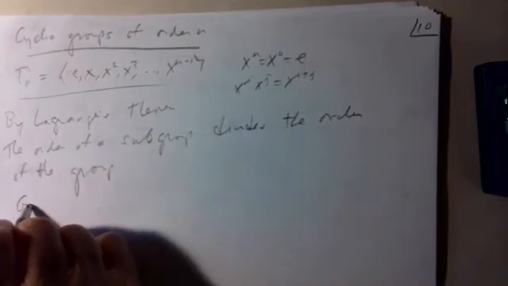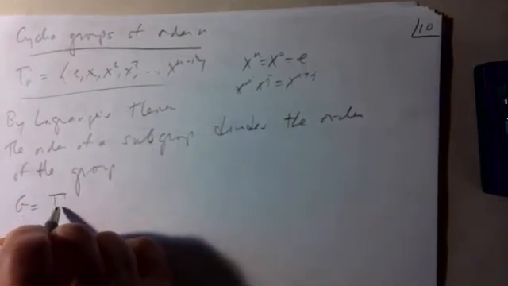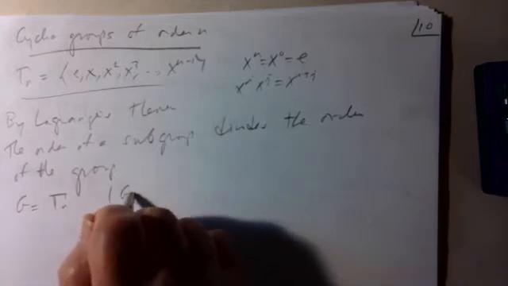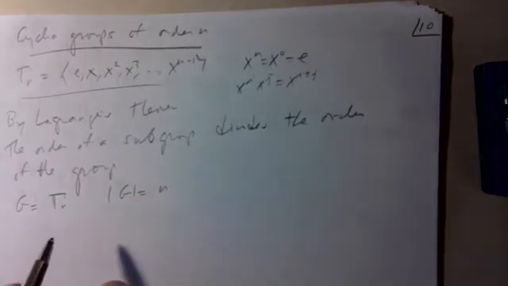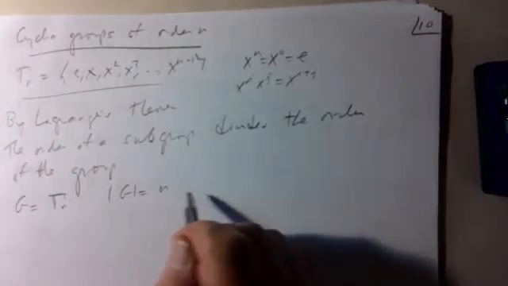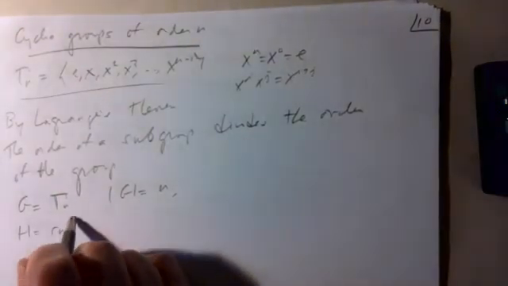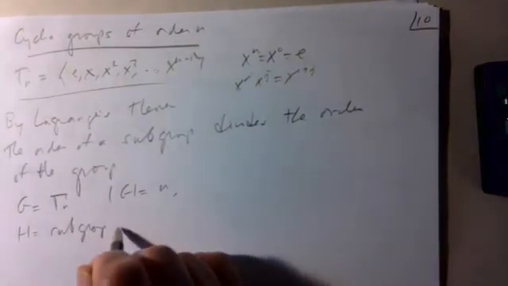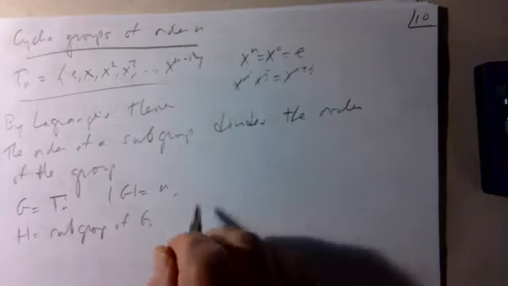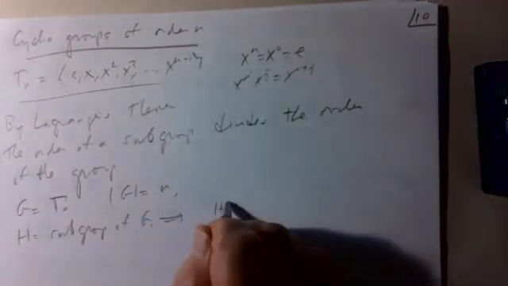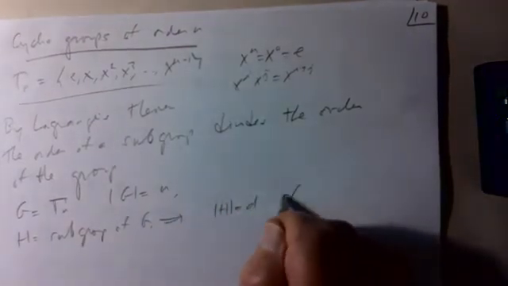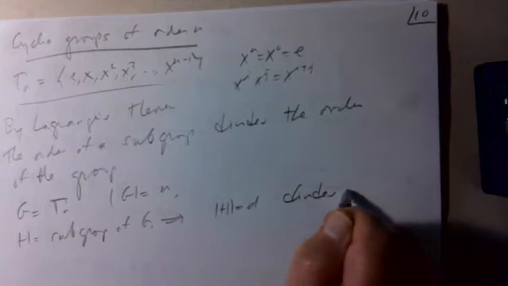So if we let G be the cyclic group of order n, so the cardinality of G is n, and H is some subgroup of G, then the order of H, I'll call it d, divides n.